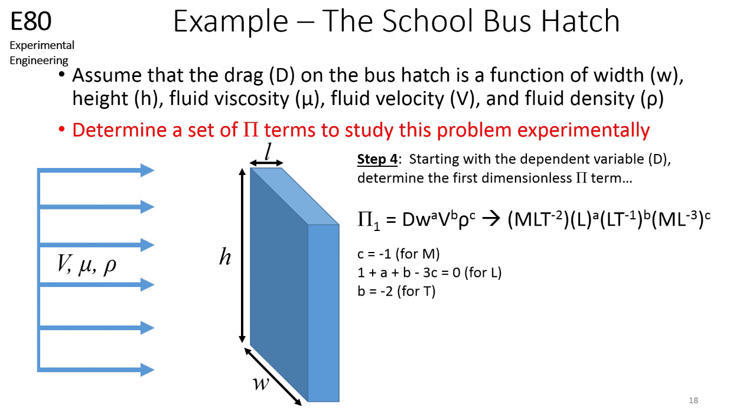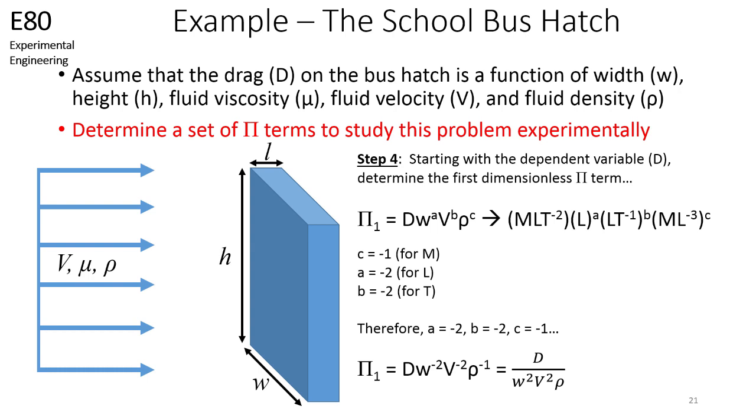Plugging these into the middle equation, we see that a will have to be -2. We plug these values for a, b, and c back into the first pi term, and we see that it is non-dimensional if drag is divided by width squared times velocity squared times density. This is our first dimensionless term. We need 2 more.